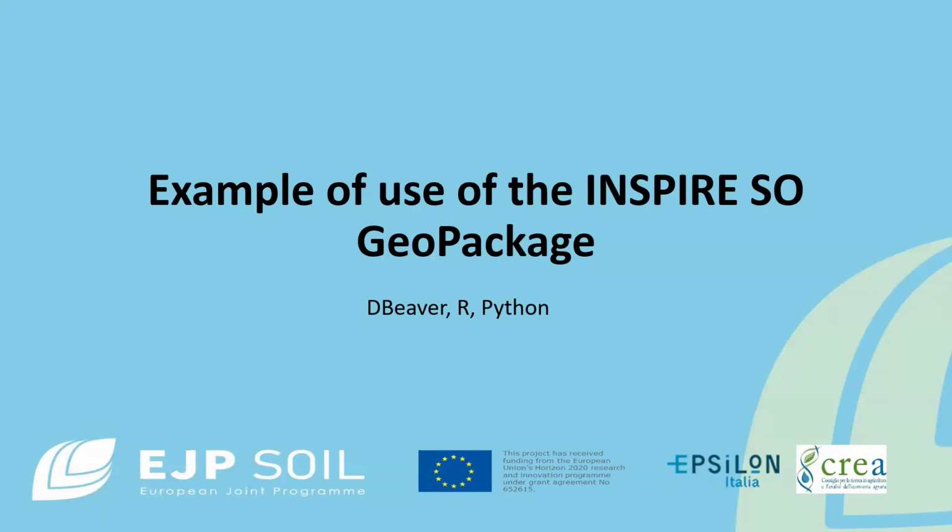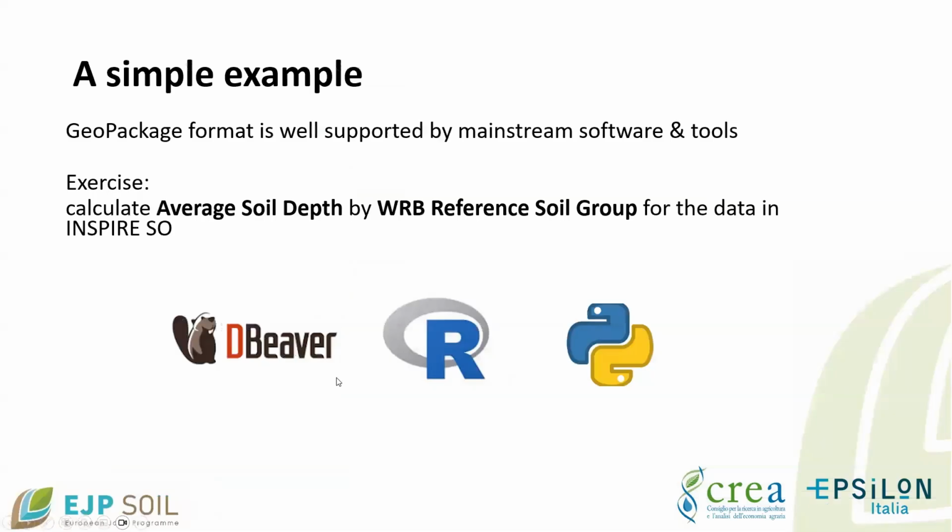Now I want to show you an example of use of the INSPIRE-SOIL Geopackage. This was meant to be presented in the previous workshop, but there was no time to illustrate them all, so I will show it today. The Geopackage format is well supported by mainstream software and tools.